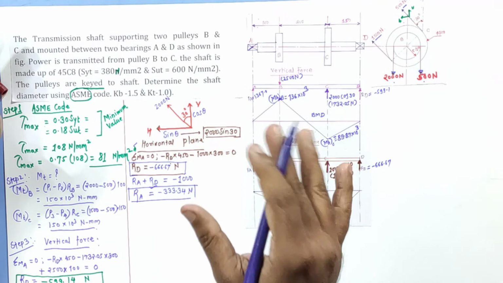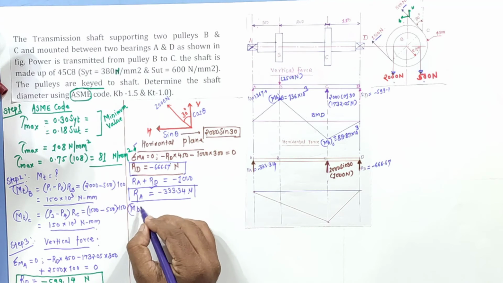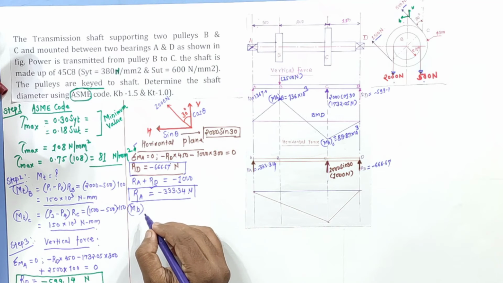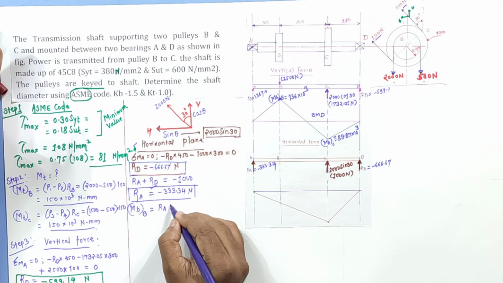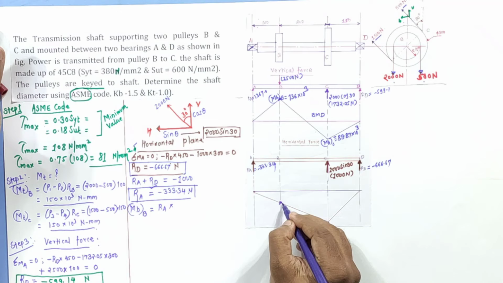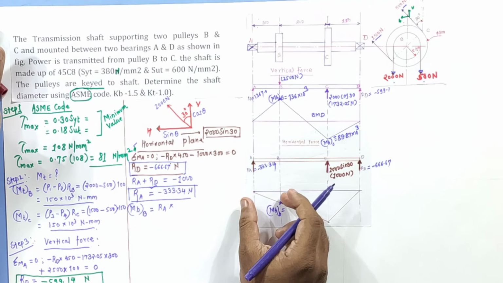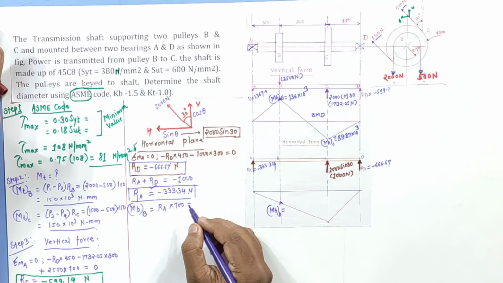Now we have to find the bending moment. I'll calculate one by one, so the bending moment at point B or pulley B. The bending moment at point B is RA into the distance, B is situated over here, MB, equal to RA into 100. How much is RA?